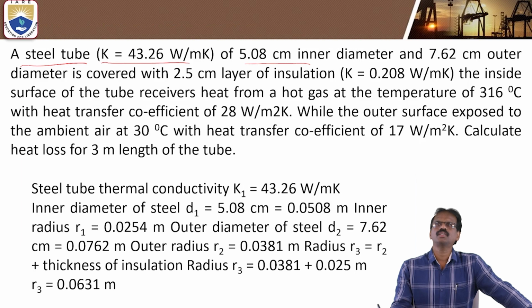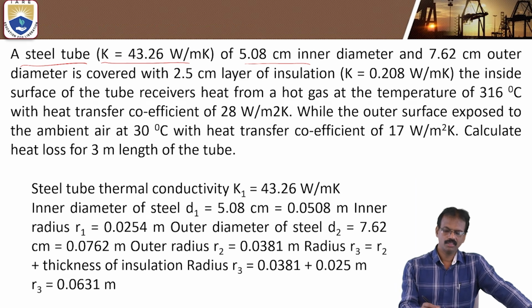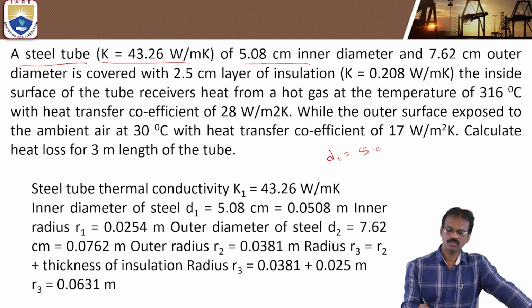Okay, the inner diameter has been given. That is D1 or DI. You can take anything. So D1 is equal to 5.08 centimeters, and you have to convert it to meters.